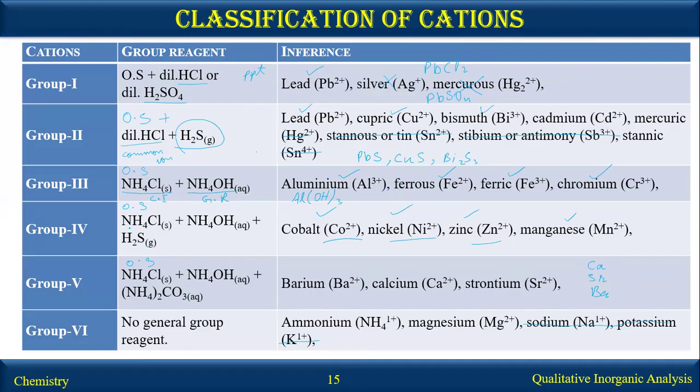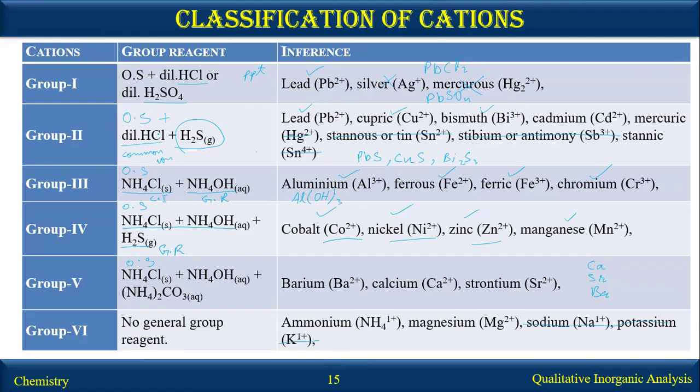And here, again, you are using ammonium chloride and ammonium hydroxide, and we add hydrogen sulfide. Again, hydrogen sulfide is the group reagent. So hydrogen sulfide is the group reagent for two groups, group 2 and group 4.